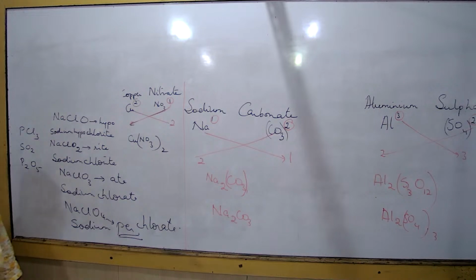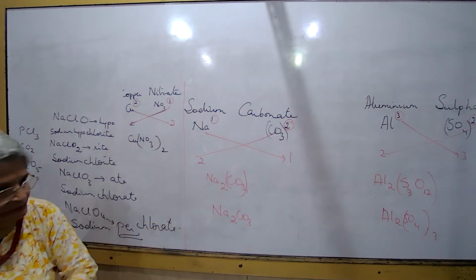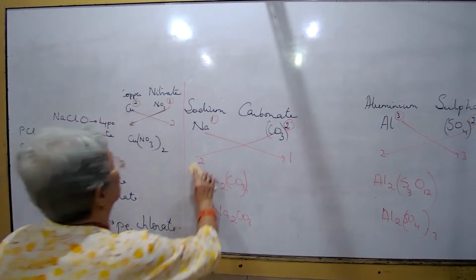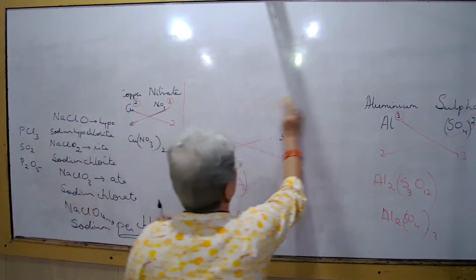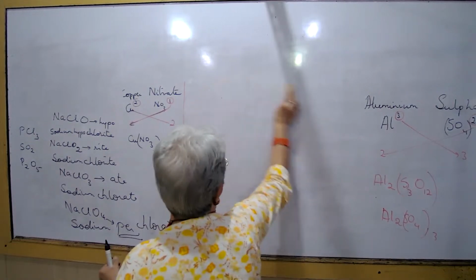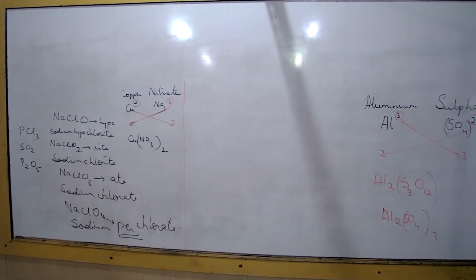When you are naming acids, first of all, remember one thing, children: acids always have to contain hydrogen. All acids contain hydrogen. But all compounds containing hydrogen are not acids.